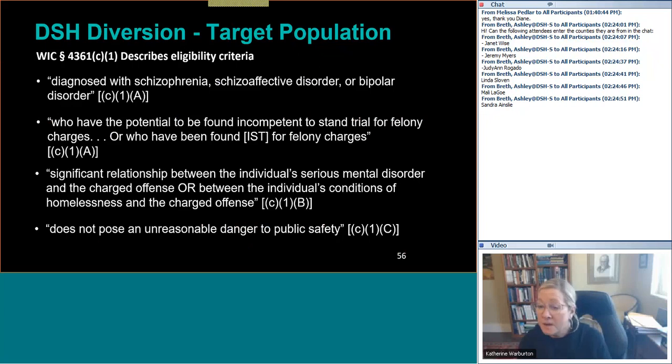Now, for you all, and any funding that we give out in the future, we have changed this because what this was doing is it was excluding people. It was too rigid. It was excluding people who had, for example, a diagnosis of unspecified schizophrenia spectrum disorder, and it was not a great way to slice the population.